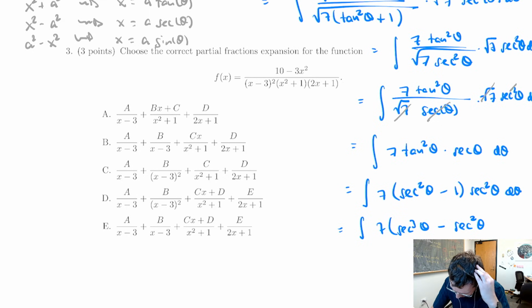Maybe this isn't so bad. I thought I was going to have to integrate secant and secant cubed, but that's actually secant to the fourth and secant squared. Maybe this isn't so bad.